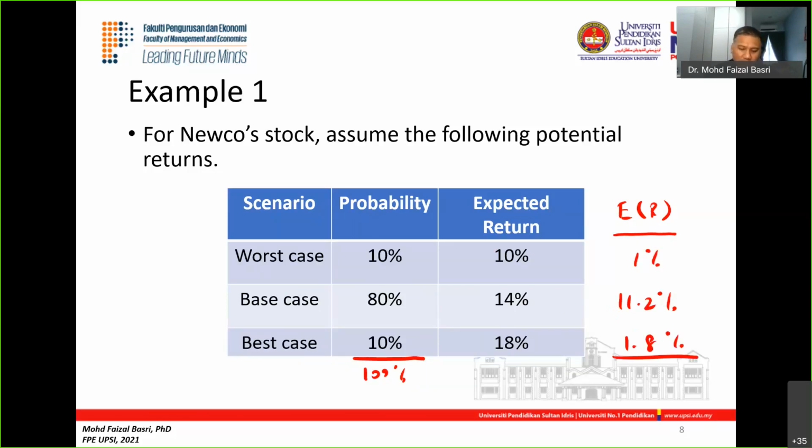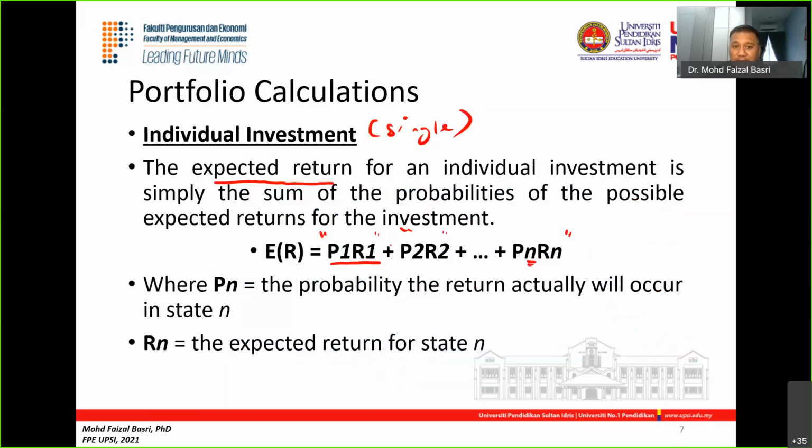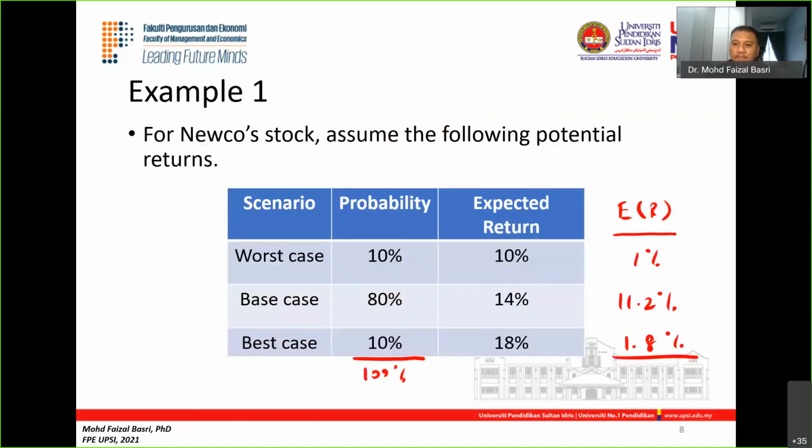If you combine all together, because the formula is a sum, P1 plus P2 plus P3, in this case 1.8 plus 11.2 plus 1, you have a total of 14%. This is the average, or the expected return for this investment based on three probabilities.